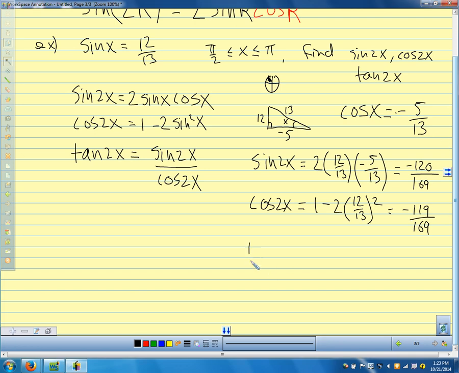And then tangent 2x is sine over cosine: negative 120/169 divided by negative 119/169. Divide by a fraction, I flip this one and multiply, so I end up with 120 over 119 for my tangent of 2x.